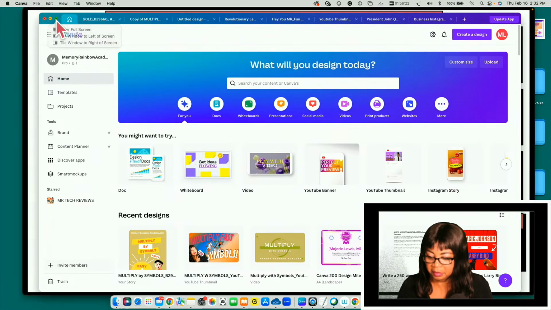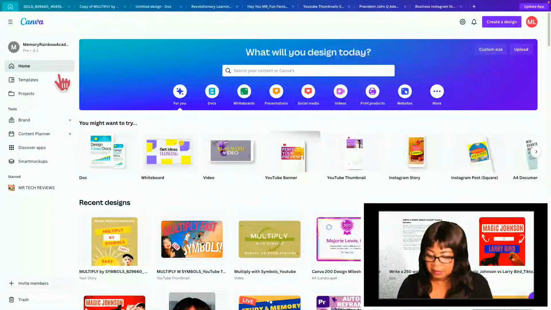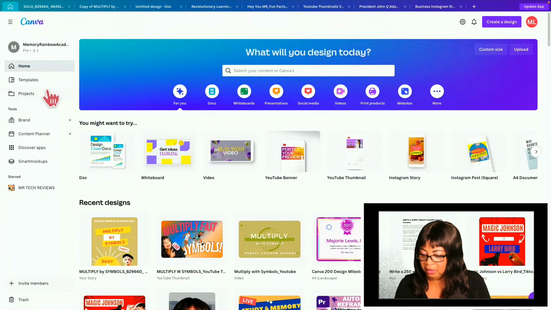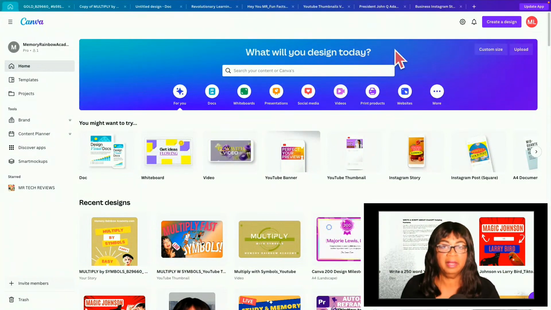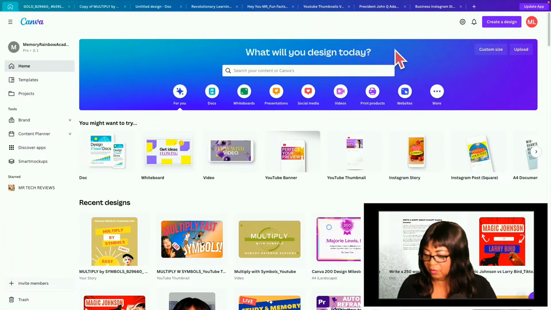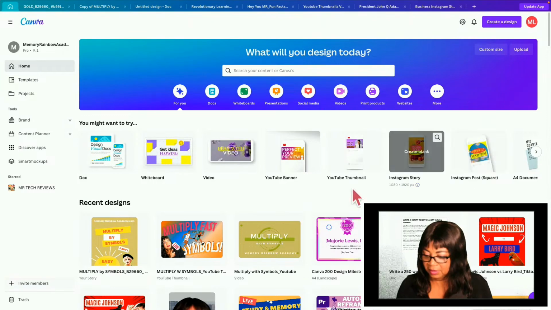Let me open this up a bit, give you a full screen. Here is to take a look at Canva. I'm going to do, maybe tomorrow I'll do one of my talks or webinars on Canva, because this is very nice.